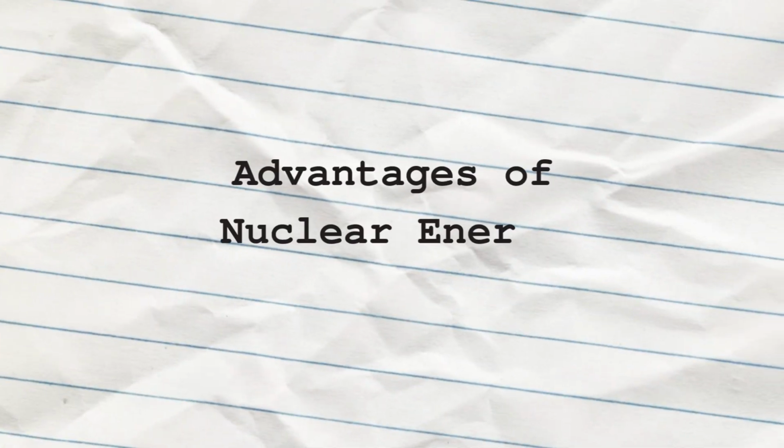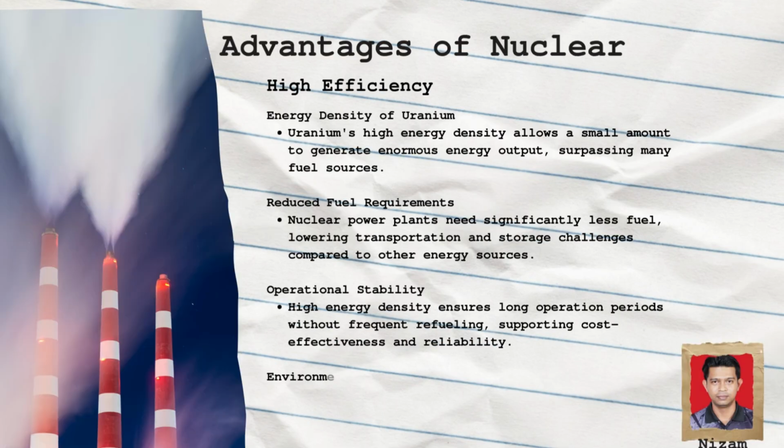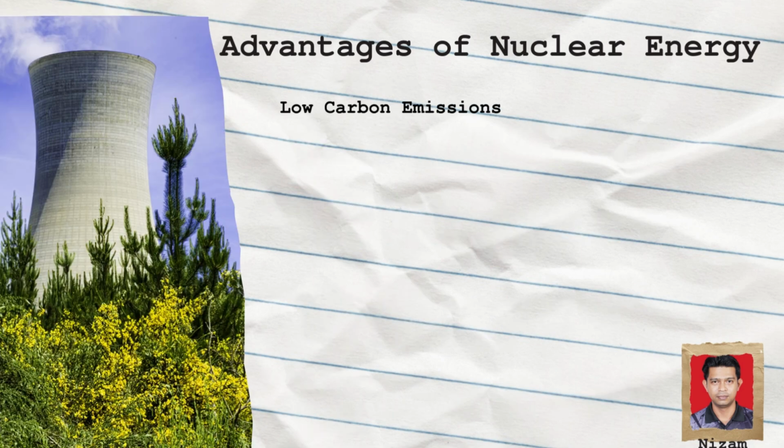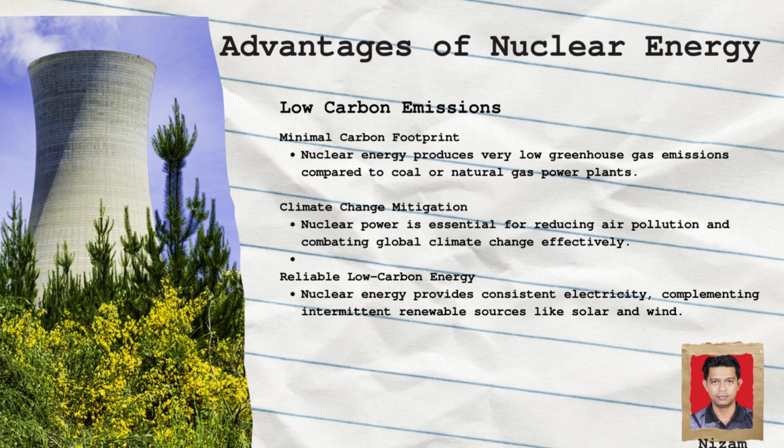Advantages of nuclear energy. It is one of the most efficient energy sources. Even a small amount of uranium can generate a very large amount of electricity. Nuclear power plants produce extremely low carbon emissions, making them a strong option for reducing pollution and helping to fight climate change.